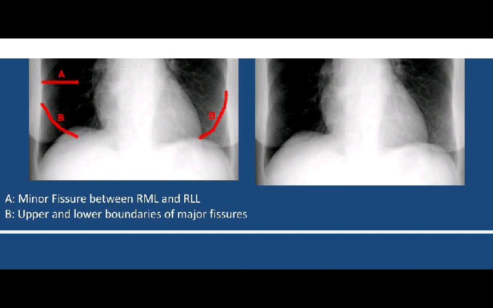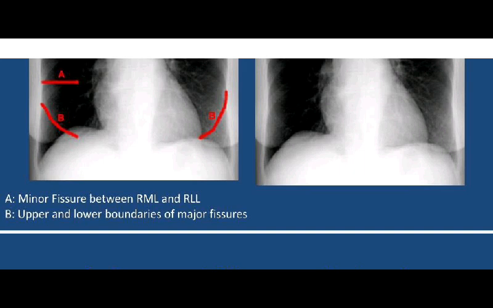In a radiograph, remember the lungs are divided into 3 zones: the upper zone, the middle zone, and the lower zone. We use these zones to identify pathologies. Radiographically, the lungs are also divided into 3 lobes: upper, middle, and lower, which we identify by counting the ribs.